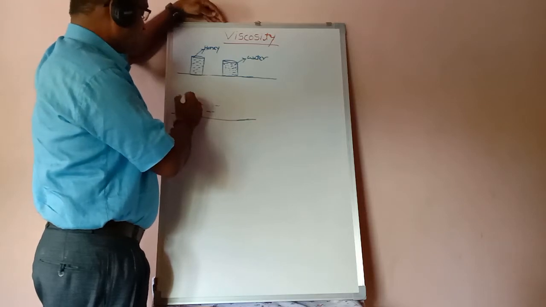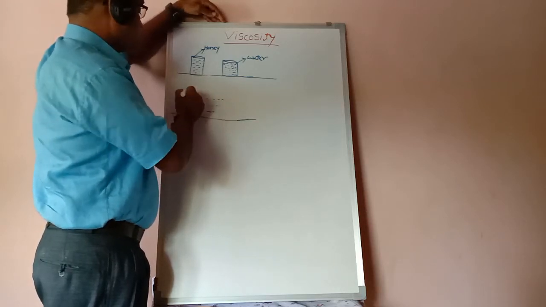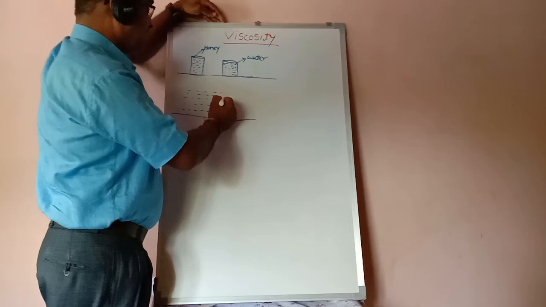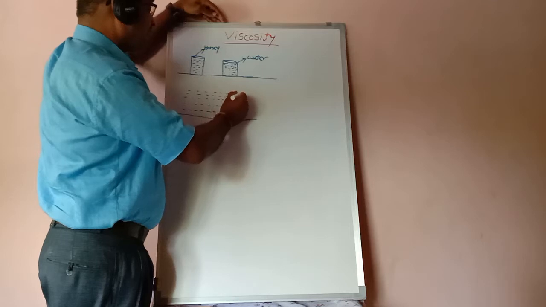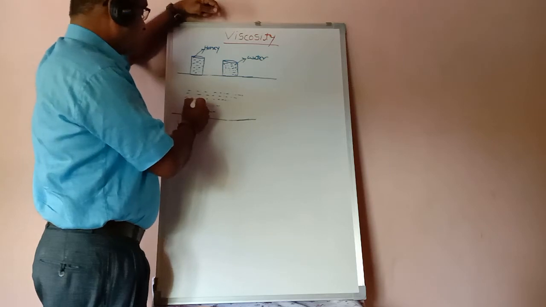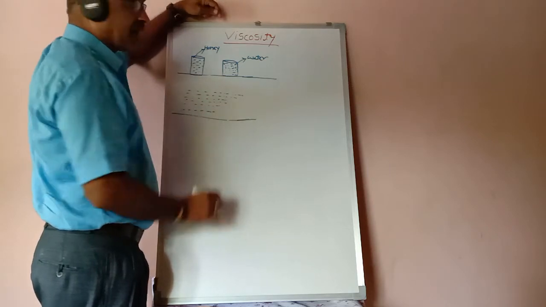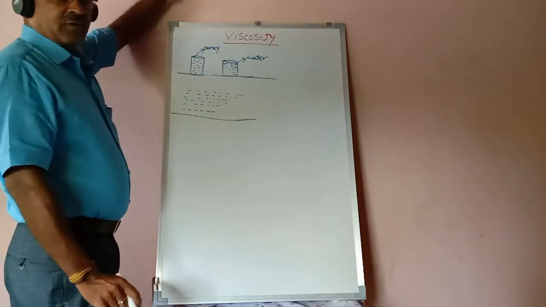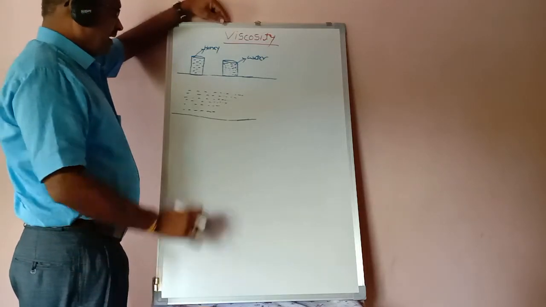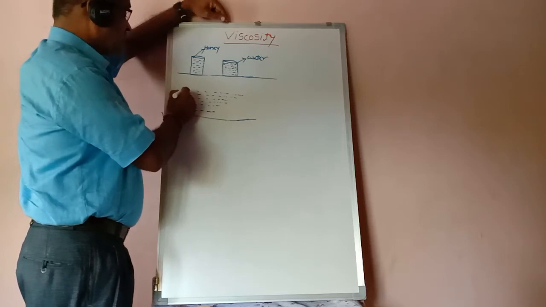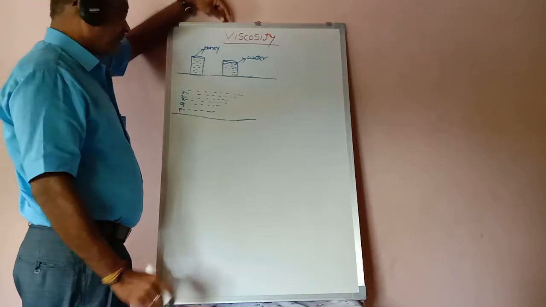That liquid, the honey, is divided into different imaginary layers. See these layers P, Q, R, S, T, like that. These are the different layers.